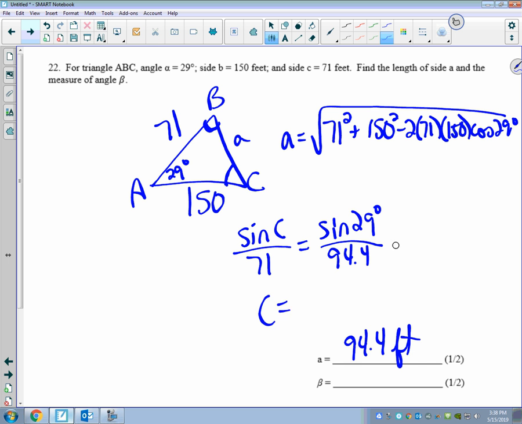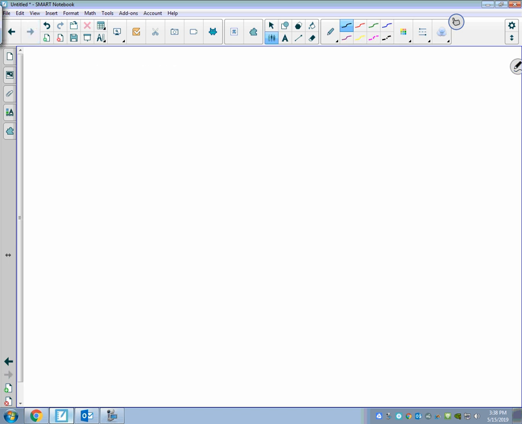And that means I multiplied by 71, and then I did inverse sine on my calculator, and I got 21.4 degrees for angle C. And then I subtracted from 180 to get angle B, which is 129.6 degrees. So this is an example where you can't just go back to law of sines all the time if it's the biggest angle you're solving for.